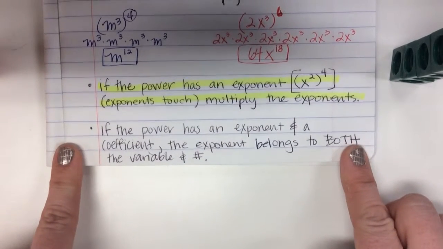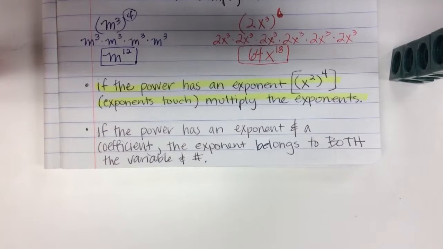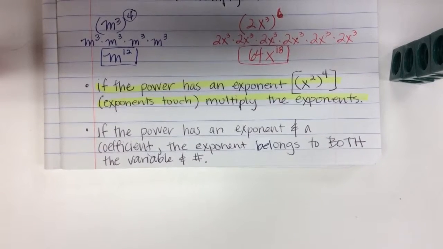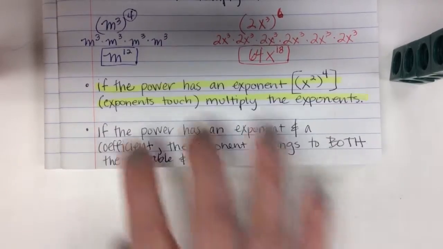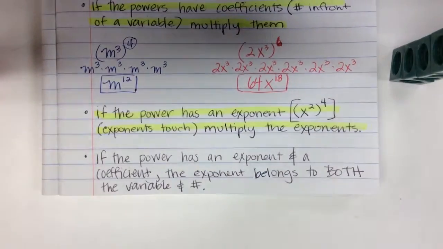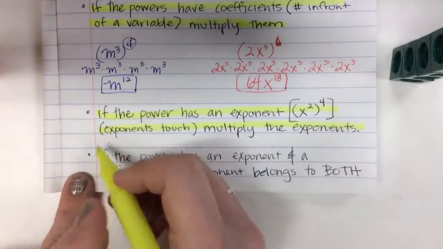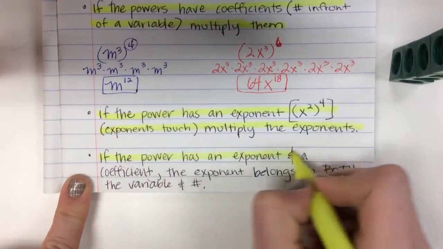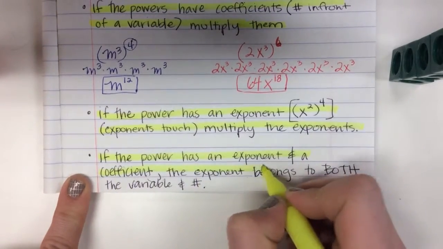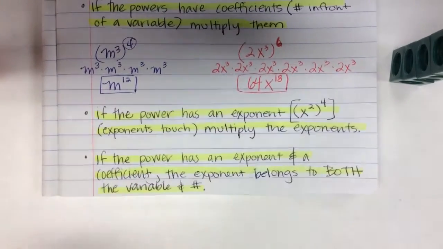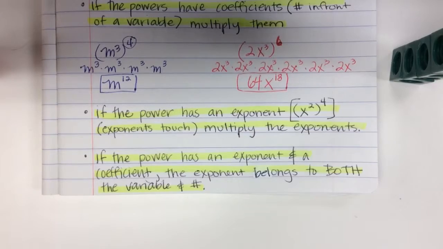Anything outside a set of parentheses, remember, gets distributed inside a set of parentheses. Remember the distributive property? If the power has an exponent, so an exponent touches an exponent, and there's a coefficient, that exponent belongs to both the variable and the number.